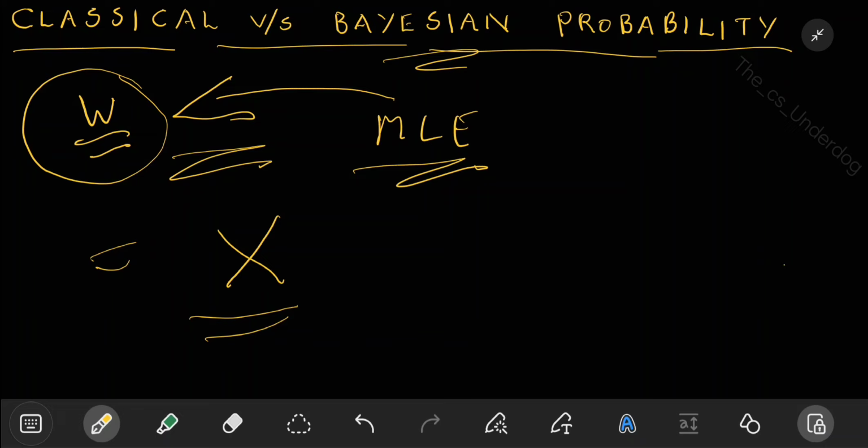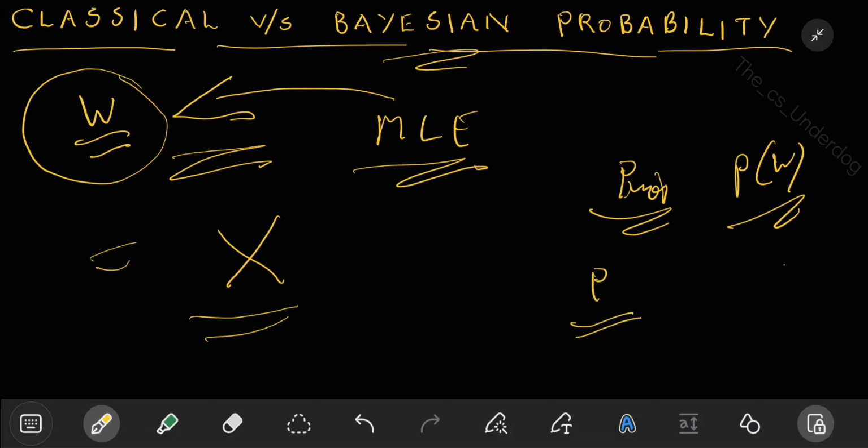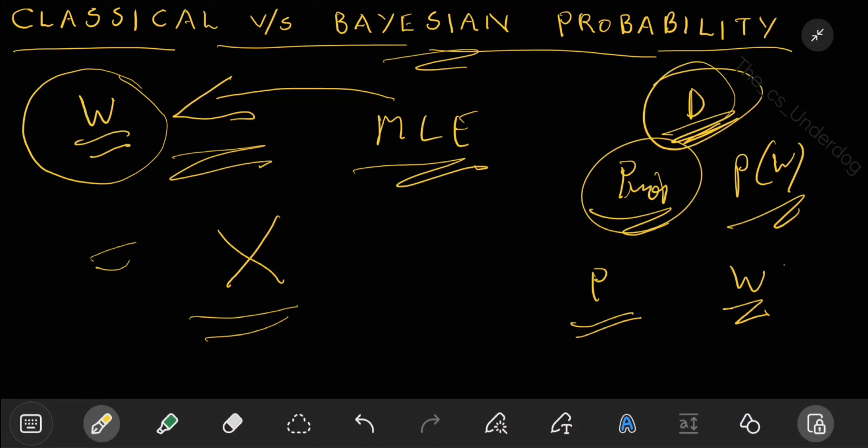And what happens in the case of the Bayesian approach? In the Bayesian approach, first you have some prior beliefs about W. Then, based on the data that you have, you find a posterior distribution of the coefficient W. This reflects both the prior belief as well as the information contained in the observed data.